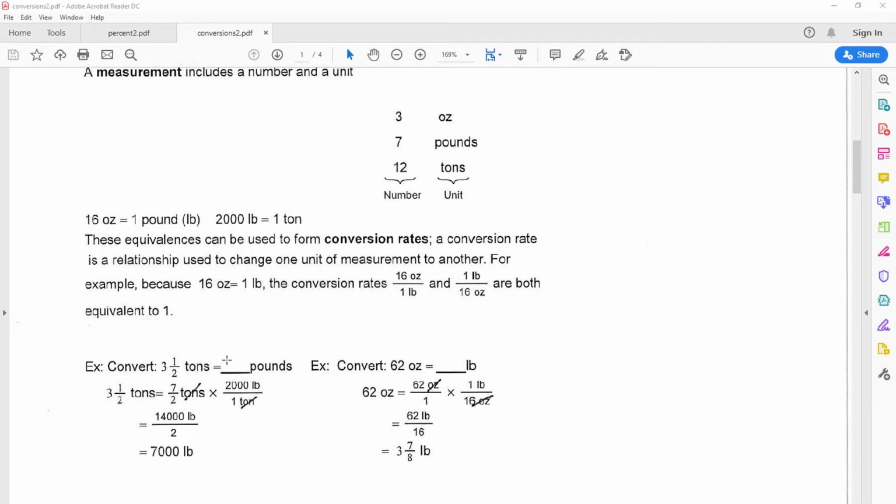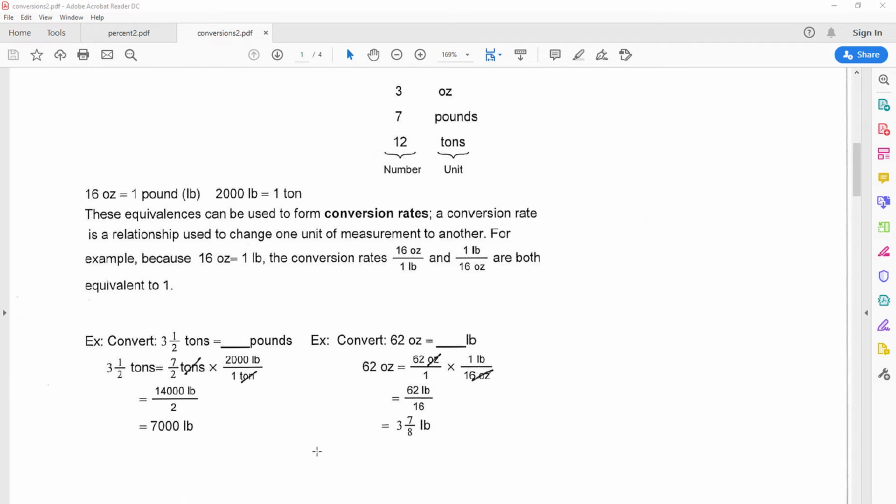Now I think about the relationship between pounds and tons. So 2,000 pounds is 1 ton. Okay, so then I start multiplying. Tons cancel out, and I'm left with 7 times 2,000, which is 14,000 over 2, which simplifies to 7,000 pounds.